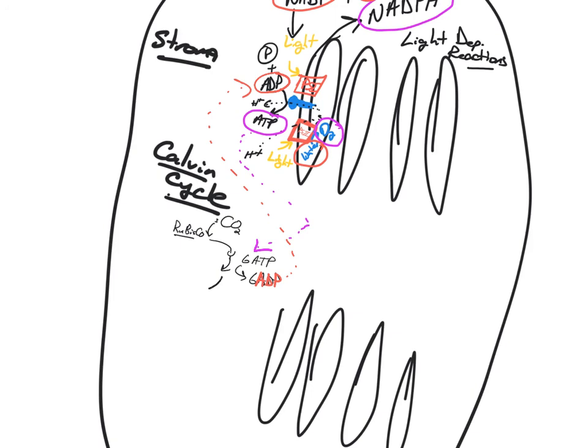So then the next thing that needs to happen is the second stage of the Calvin cycle, which is the reduction phase. Stage 1 was the fixing. So it fixed CO2. Stage 2 is the reduction phase.